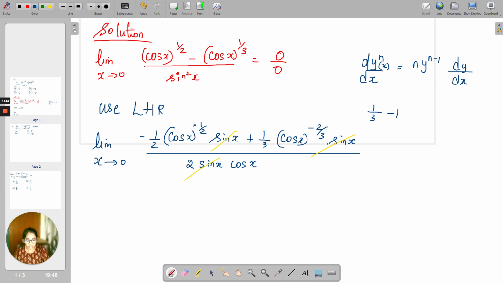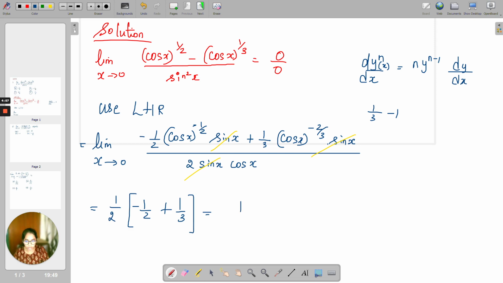So what would I get? Let me just apply the limits directly. I would get minus half. So cos 0 is 1, and 1 to the power anything is 1 itself. So plus 1 divided by 3, the same concept. And then we have 1 divided by 2.